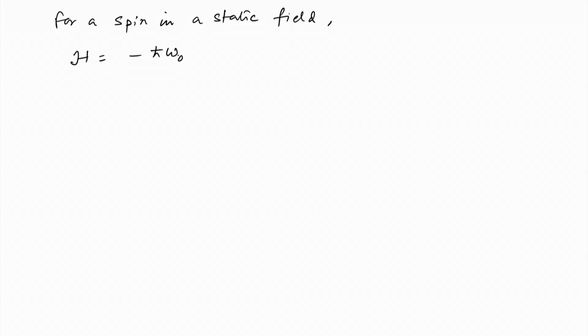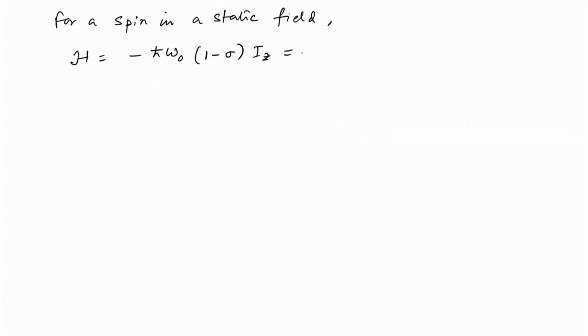So, for a spin in a static field, H is equal to minus h cross omega 0 (1 minus sigma) Iz, where Iz can of course acquire values plus half or minus half.